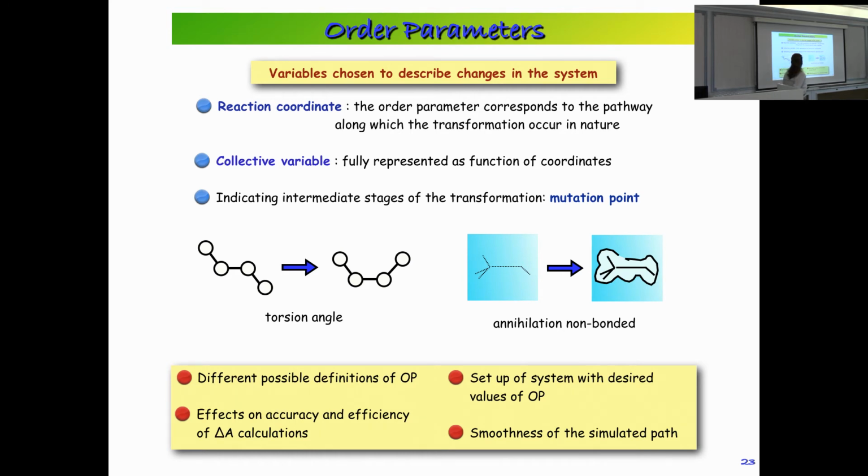Collective variables are in general functions of the coordinates. There are cases where collective variables have been introduced that are also functions of electronic structure, but there it is more complicated because you have to work with wave functions. I will not introduce them today.